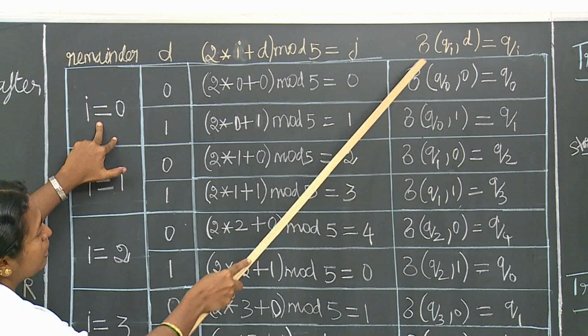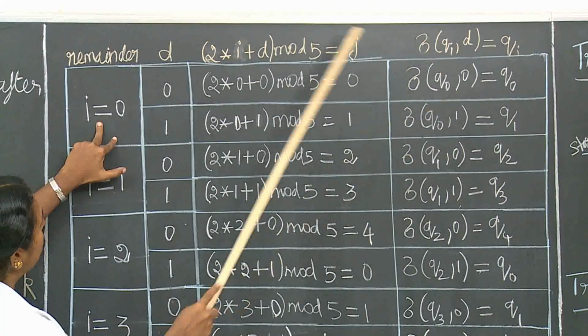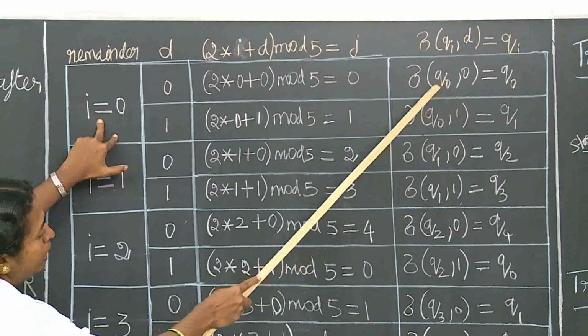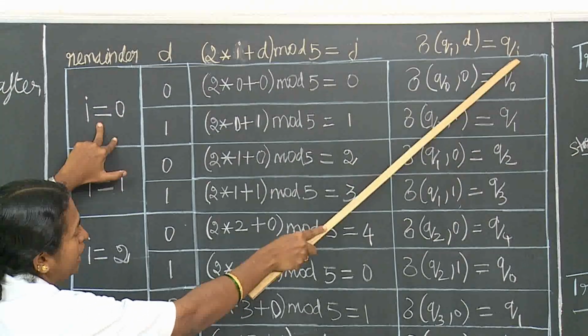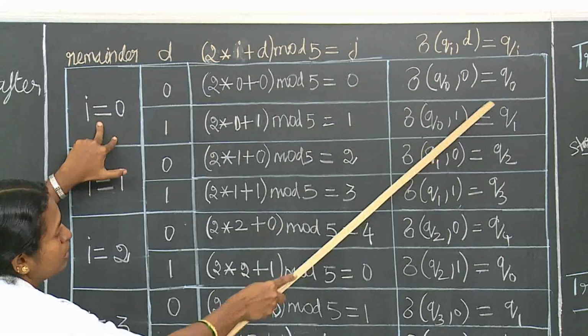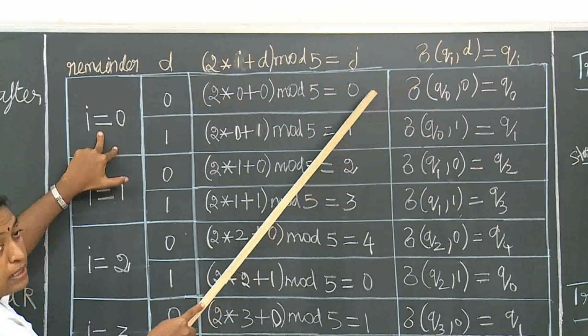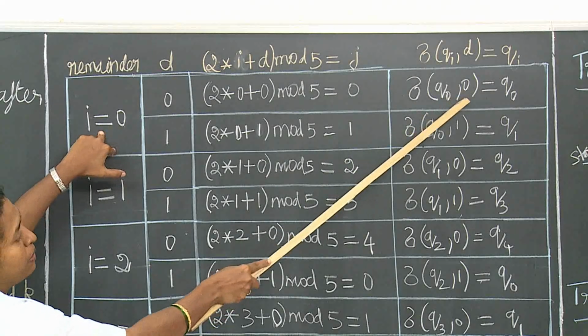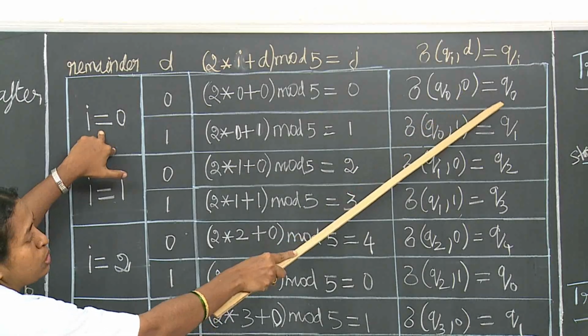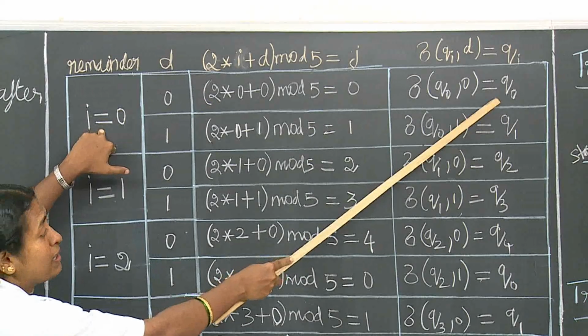That is the transition from Q0, with input symbol 0. Accepting the input symbol 0, it goes to the state Qj. Here the j value is 0, so the state Q0 again. That is, by accepting the symbol 0, it remains in Q0 itself.